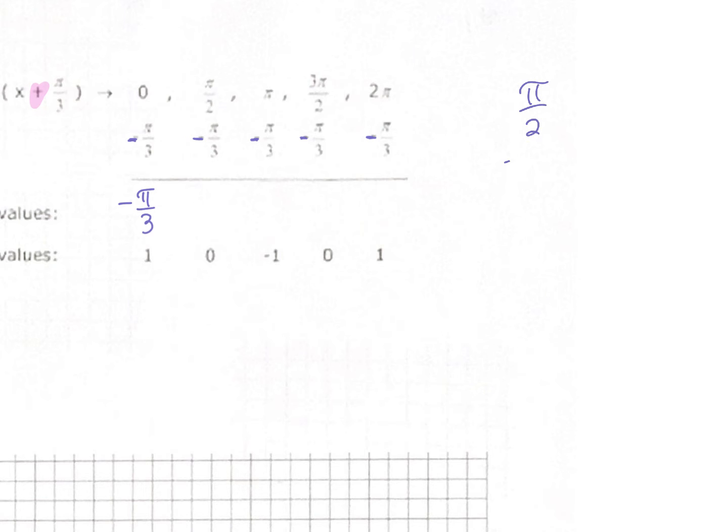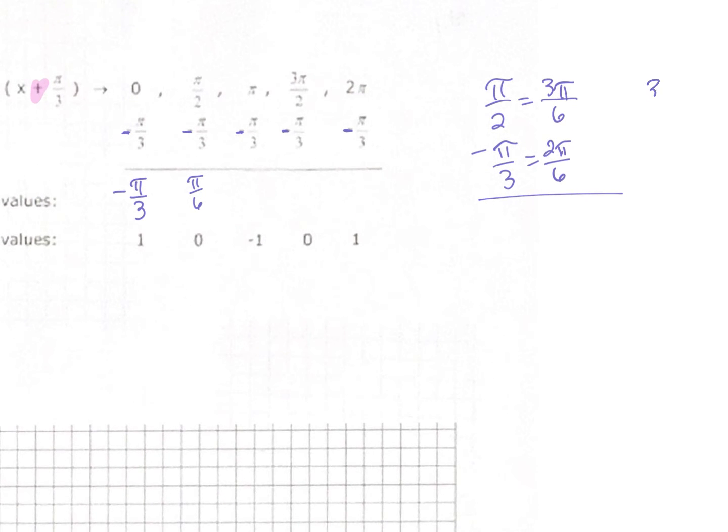So pi over 2 minus pi over 3, that gives us 3 pi over 6 minus 2 pi over 6. For the next one we're doing 3 pi over 3 minus 1 pi over 3, so we get 2 pi over 3.